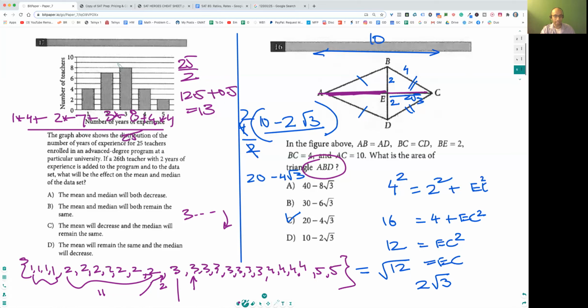But you can see the median is somewhere around 3. And then if you add a number which is less than the mean, then the mean is actually going to decrease. Okay, so the mean will decrease, and the median will remain the same. So that's going to be your answer.